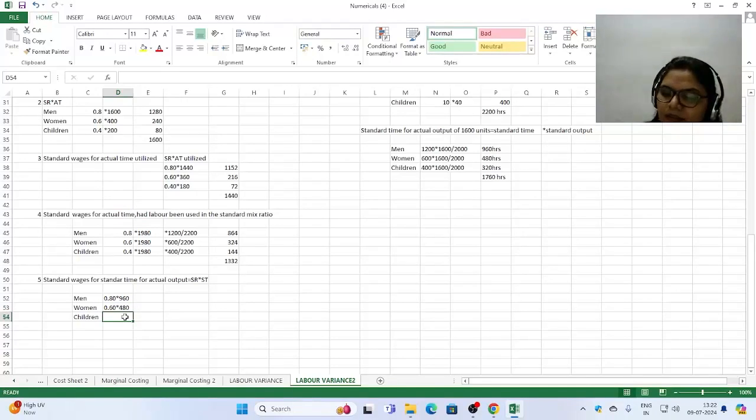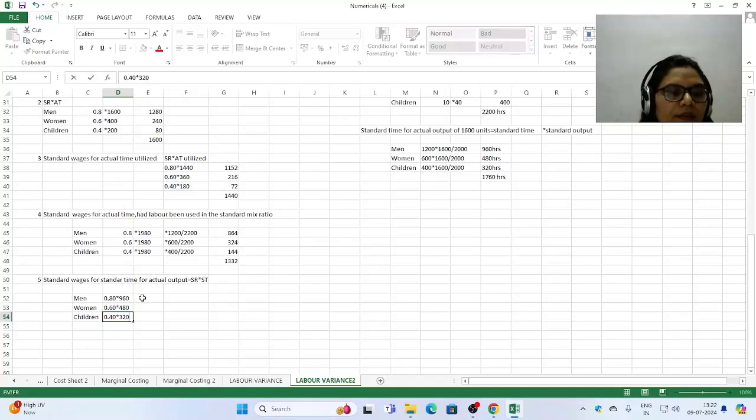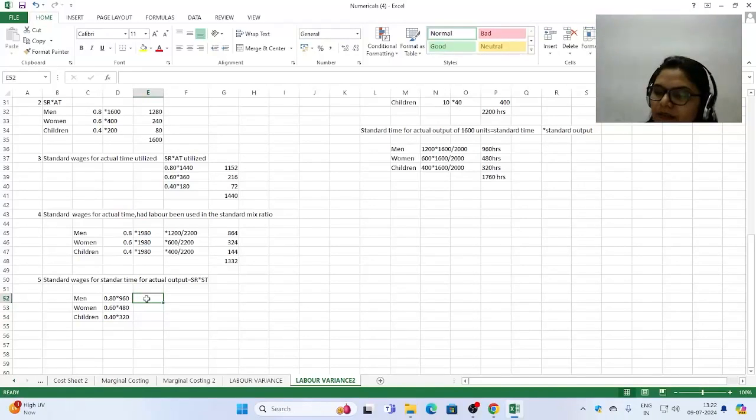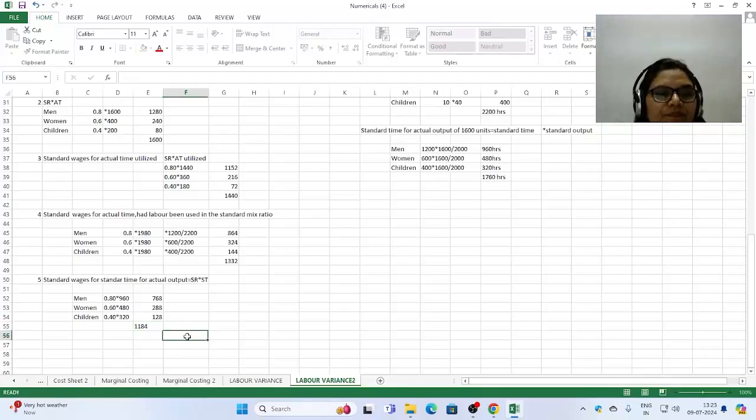Next 0.40 into 320. Then we will get 768 plus 288 plus 128. We will get 1184. That is standard rate into standard time.